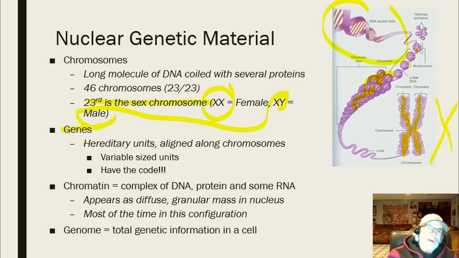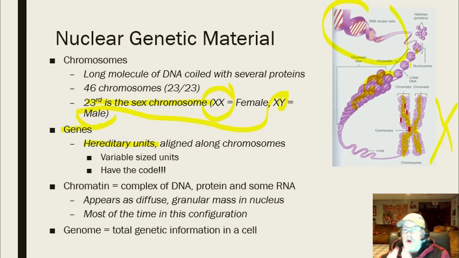Genes, again, are the hereditary units. They're aligned along chromosomes. If you looked at this picture, there might be a gene here, there might be something here. There are many, up to thousands of genes on an individual chromosome. Some of the genes are only a couple of sequences long, depending upon how many amino acids are in that protein.